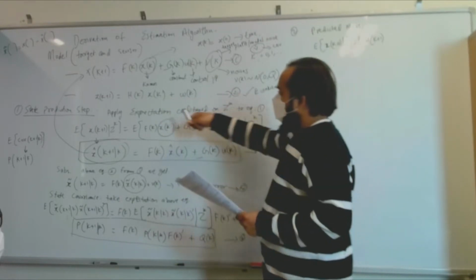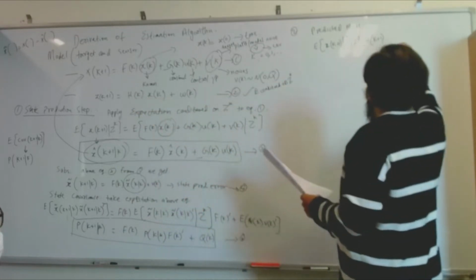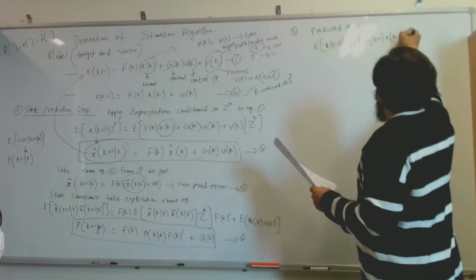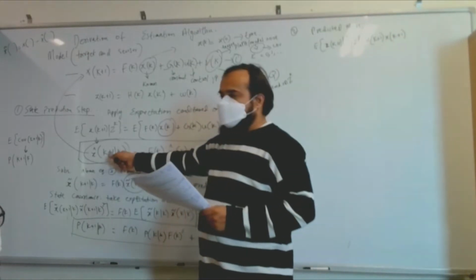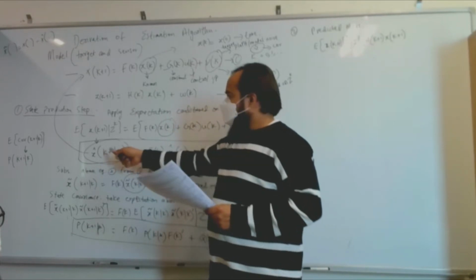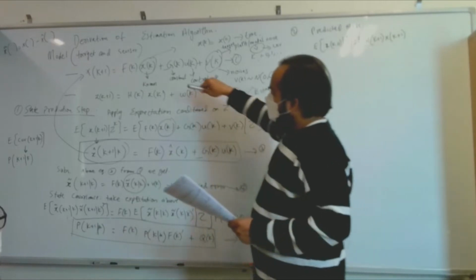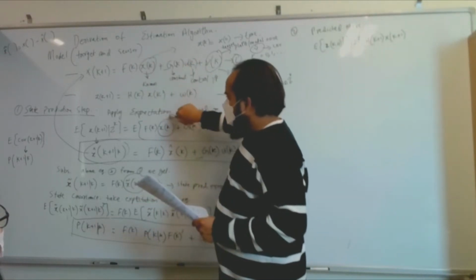So for the next time scan, we have to put k plus 1, and then k plus 1 again, because we have already calculated this value, because we use this information and update by applying expectation.